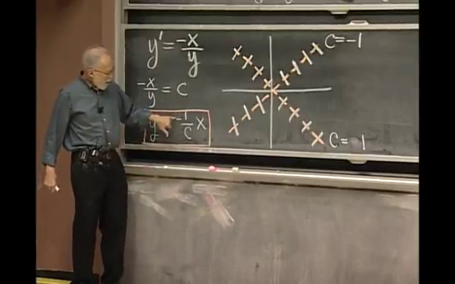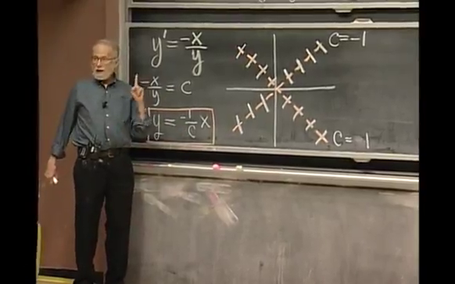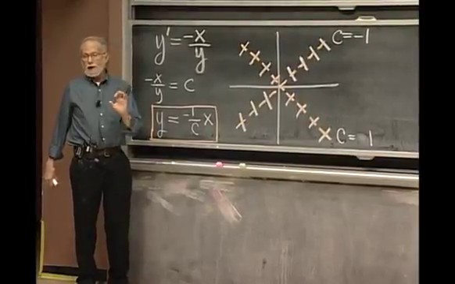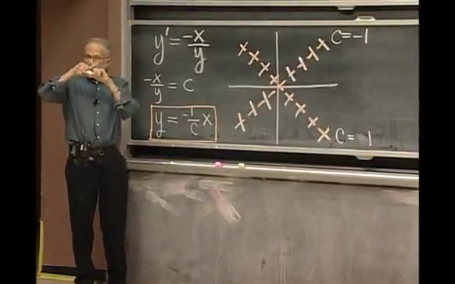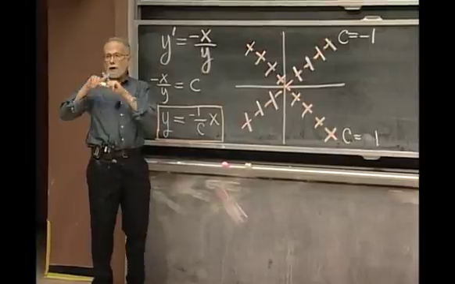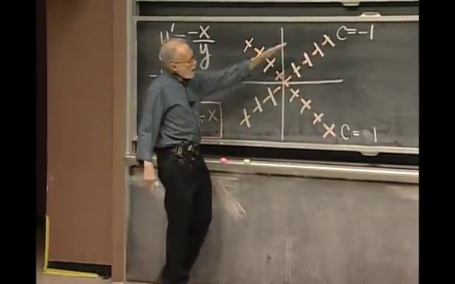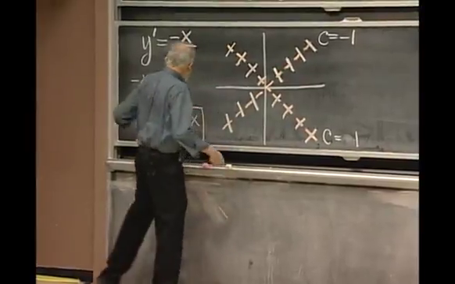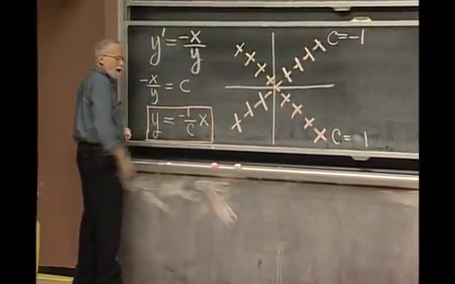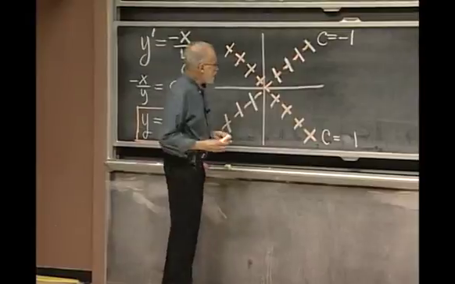Those numbers, minus 1 over c and c, are negative reciprocals, and you know the two lines whose slopes are negative reciprocals are perpendicular. So the line elements are always going to be perpendicular to these, and therefore I hardly even have to bother doing any more calculation.